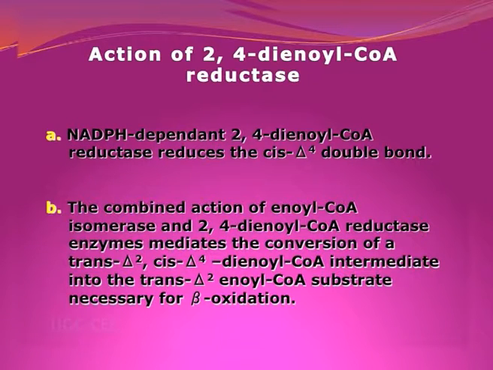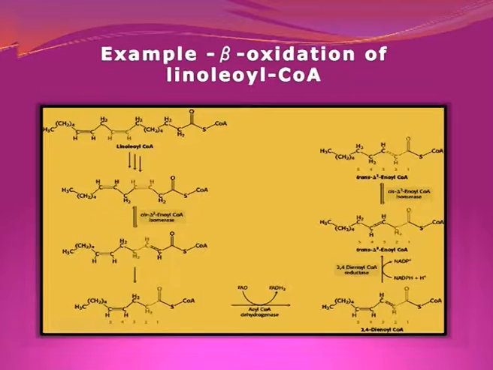It utilizes NADPH for its oxidation and it converts the trans delta 2 cis delta 4 enoyl-CoA to a trans delta 2 enoyl-CoA, which is a regular substrate of the enoyl-CoA hydratase enzyme.